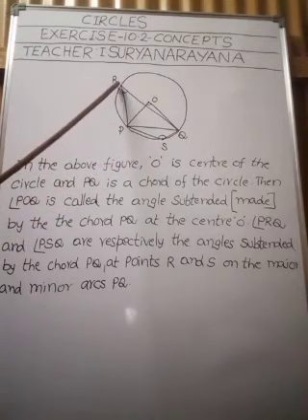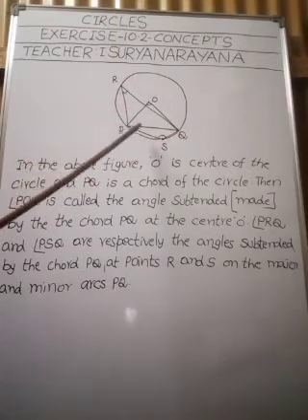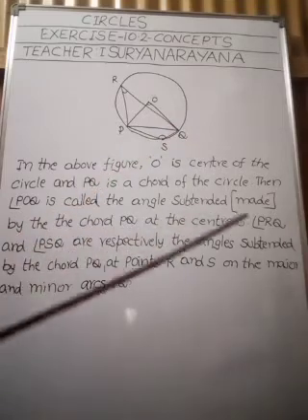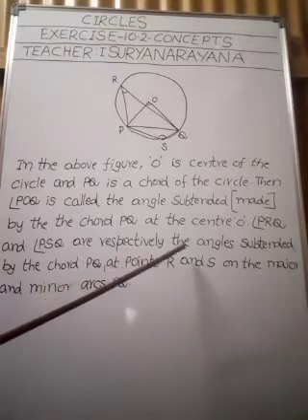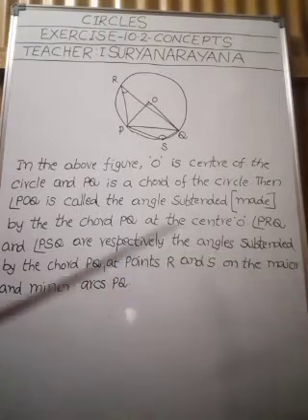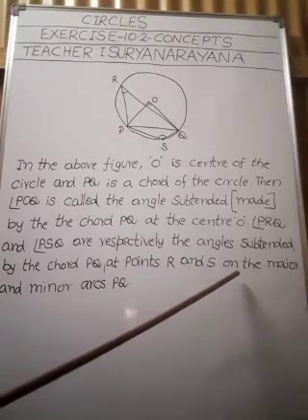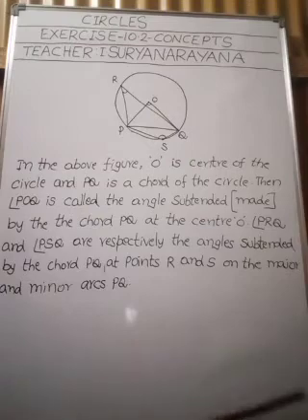This point R lies on the major arc. Yes or no, my children? This point S is lying on the minor arc. So, angle PRQ and angle PSQ are respectively the angles subtended by the chord PQ at points R and S on the major and minor arcs PQ. Is this point clear, my dear children?